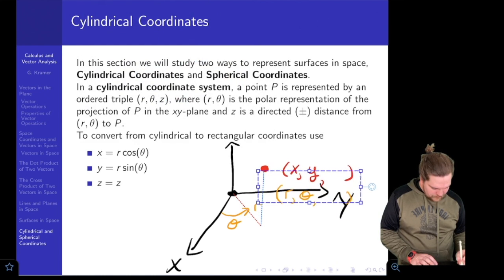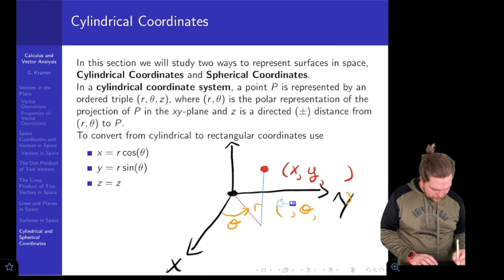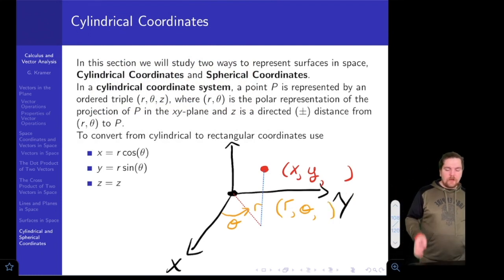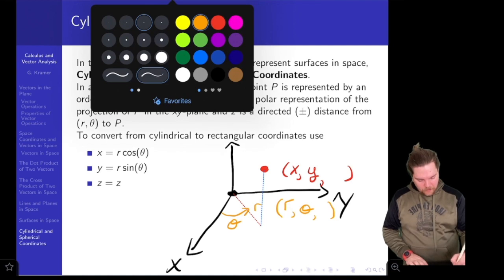So now if I slide my point up here, perhaps do some strategic dragging and dropping over here. And I think I can go ahead and just close off that parenthesis. Here we go. All right. So now our point has an x-coordinate, a y-coordinate, and since we're now off the xy plane, it's also going to have a z-coordinate.